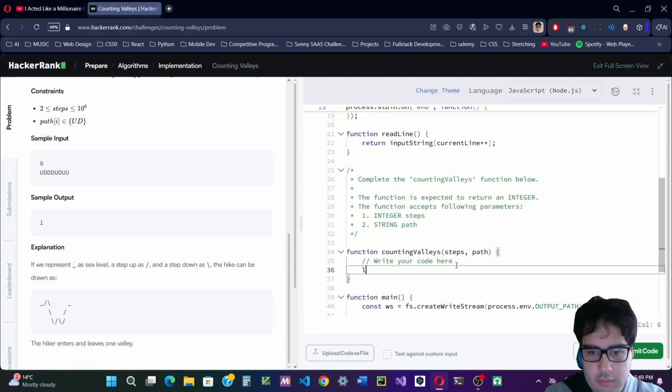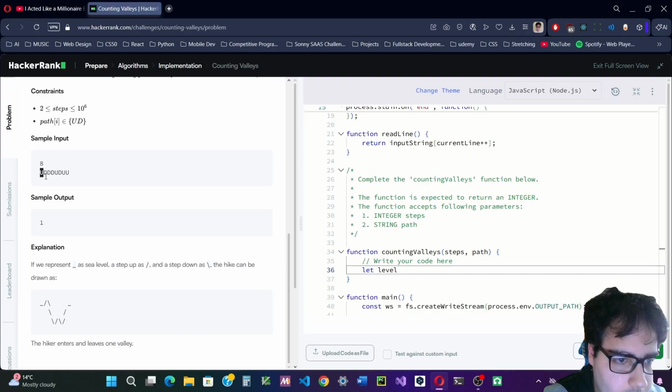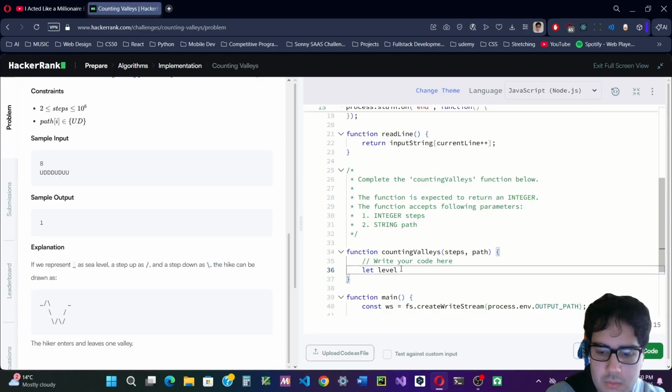So we're gonna have let level, which is 1, 2, 3, 4, 5, 6, 7, 8, equal to 0.